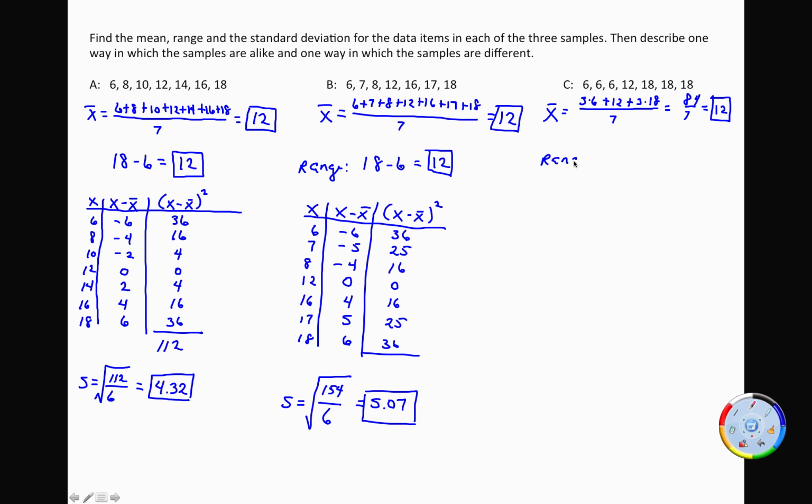Range, once more, 18 minus 6, which is 12. And then the standard deviation requires a table where I can list all of the data points individually.